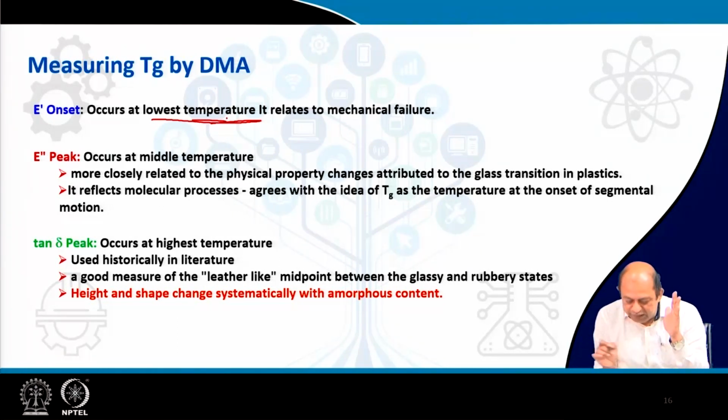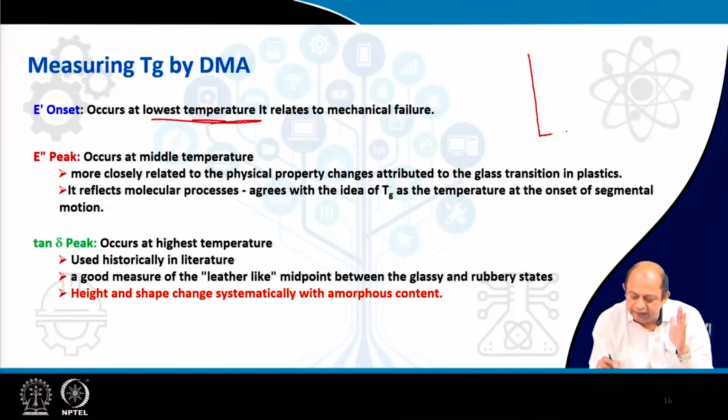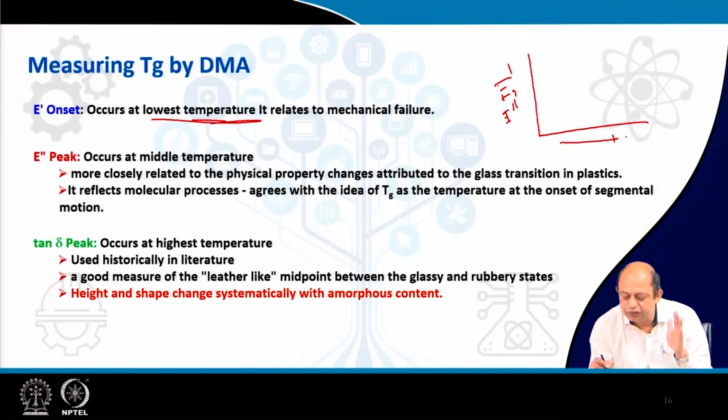On the y axis, it is a storage modulus or loss modulus, and the other side is temperature. So, obviously, you are doing some temperature ramping. That is what you call the heating rate, x degree centigrade per minute.